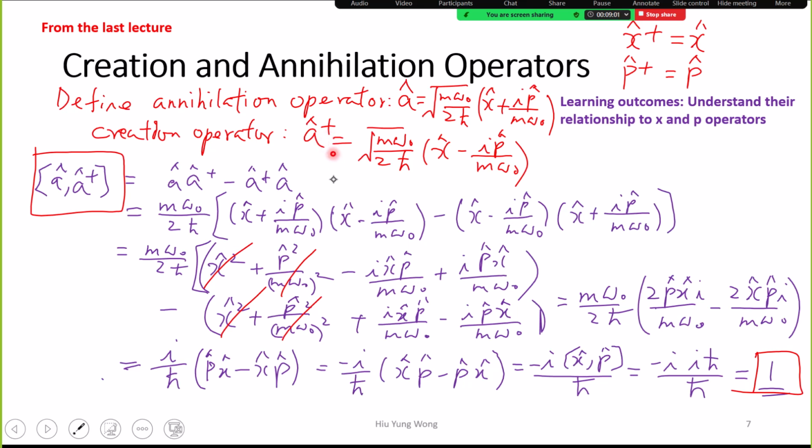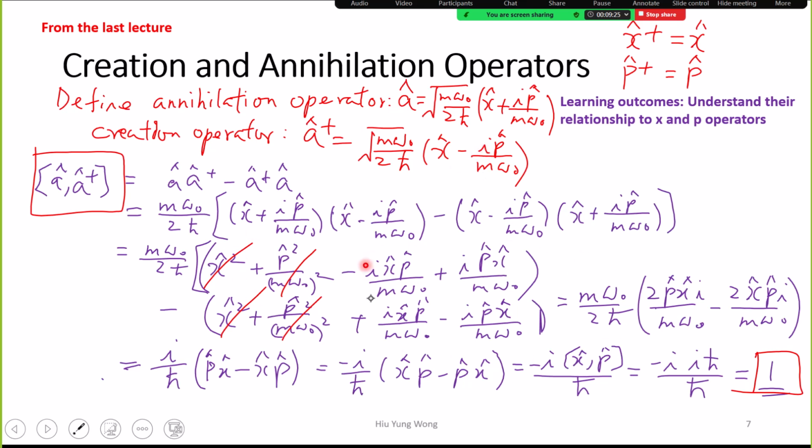But we have not proved it yet, so we take it for granted for now. It is just a function of the position operator and momentum operator. And they are the adjoint matrices of each other, right? Because A dagger dagger equals A. These are just definitions.